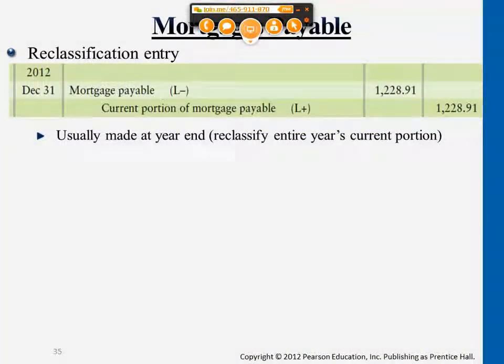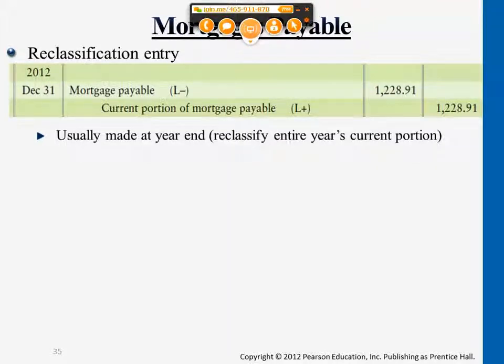Okay, that entire table is there to help you understand on a monthly basis how we pay the mortgage, what part is interest, what part is principal. But don't forget that for the entire year's payment, in the first entry we immediately reclassify the part to current portion of mortgage payable, as soon as the purchase of building and land entry happens.